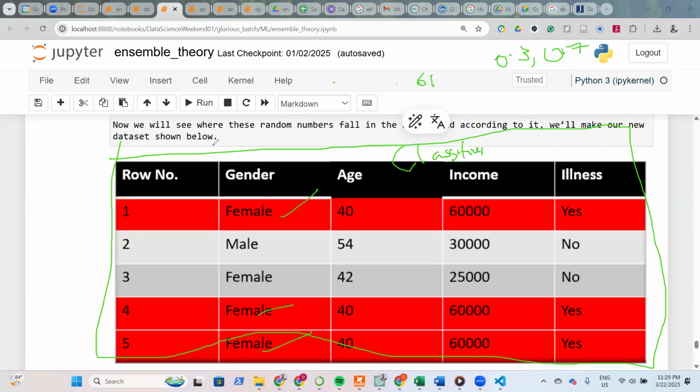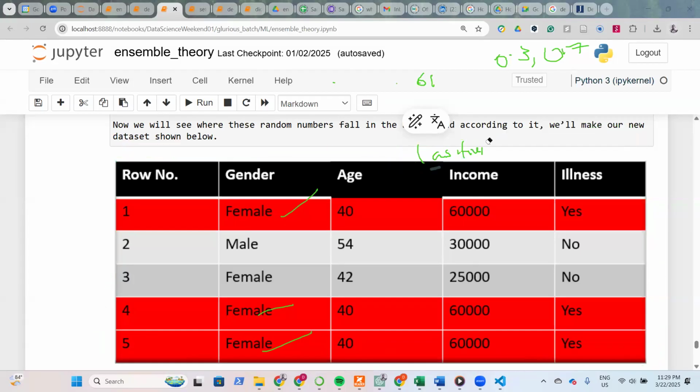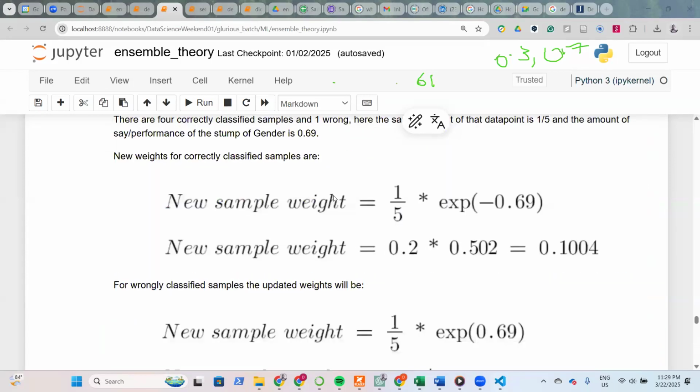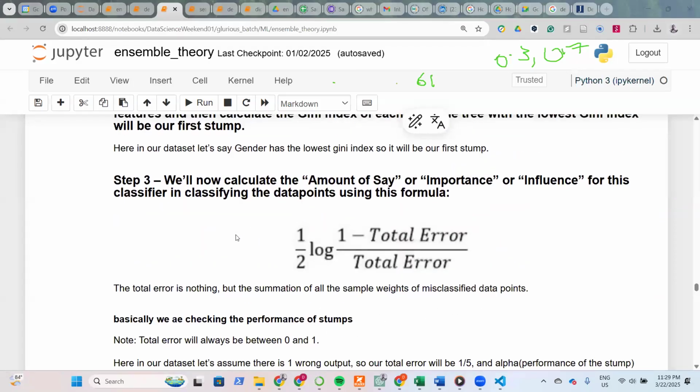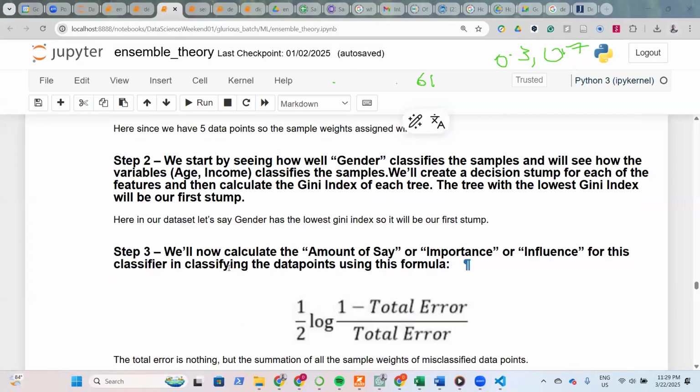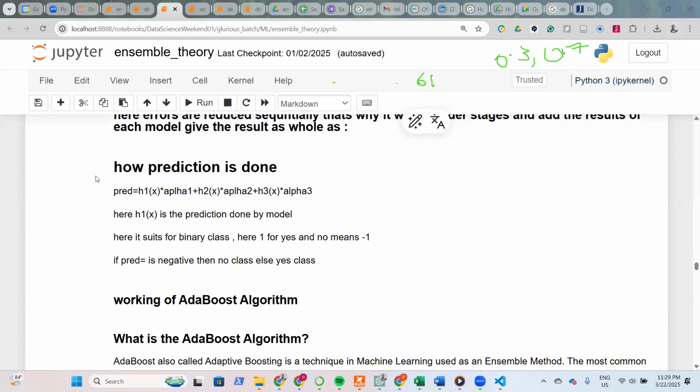So okay, now to Best Man's question. The question now is which algorithm do we use, or how do we do prediction? I think I answered that question somewhere up here, when I was talking about alpha. Basically, how prediction is done: prediction is H1 alpha plus H2 alpha plus H3 alpha.